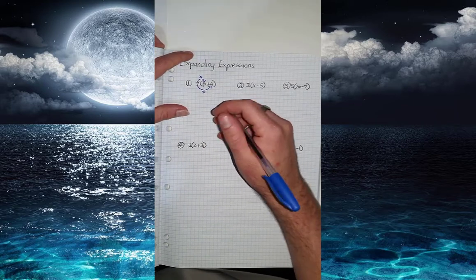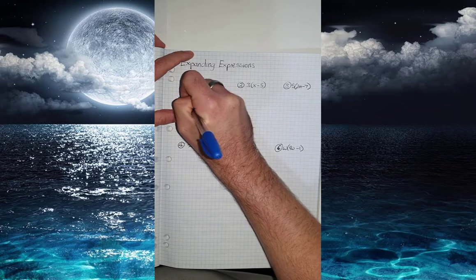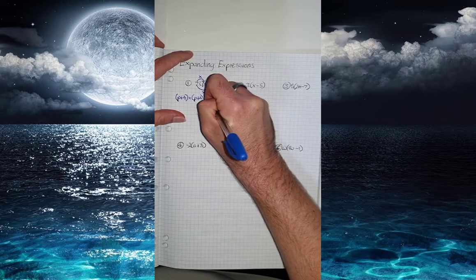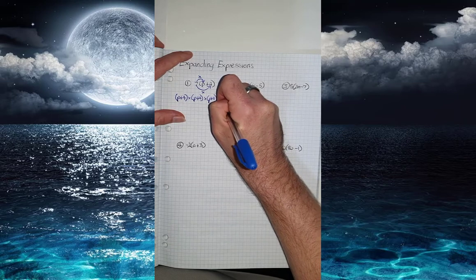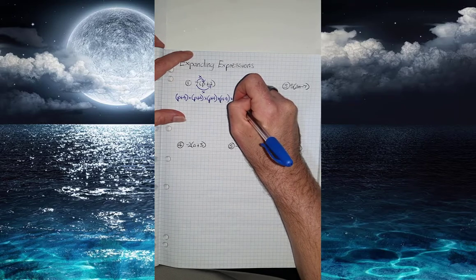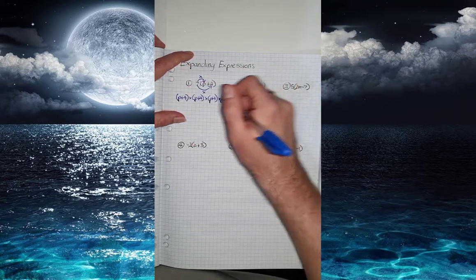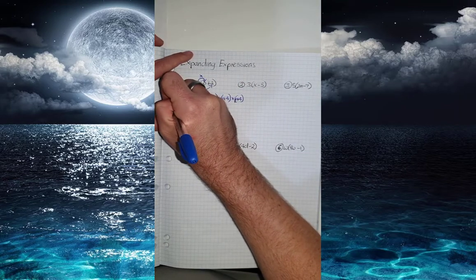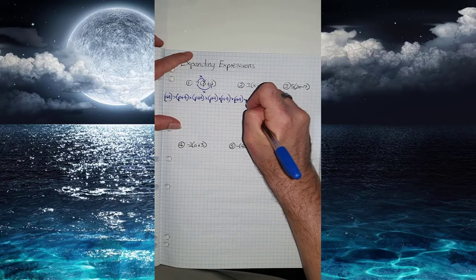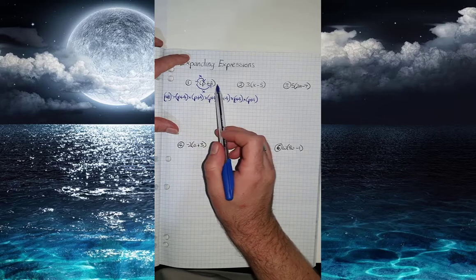So if we have a look in an expanded way, we've got p plus 4 plus 4. Okay, so we've got 7 lots of p plus 4.